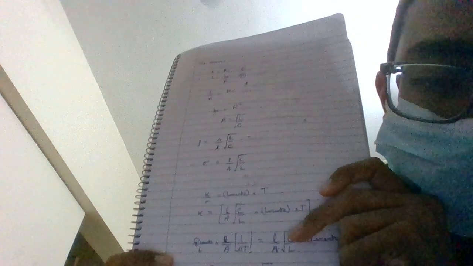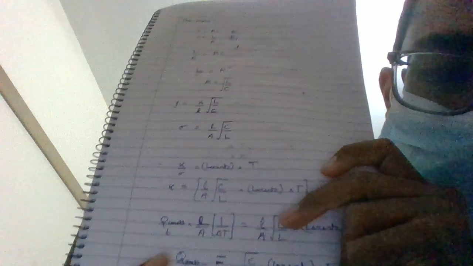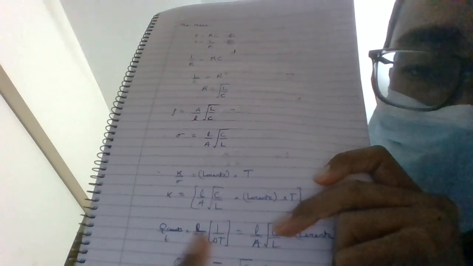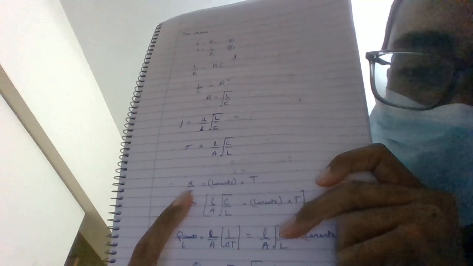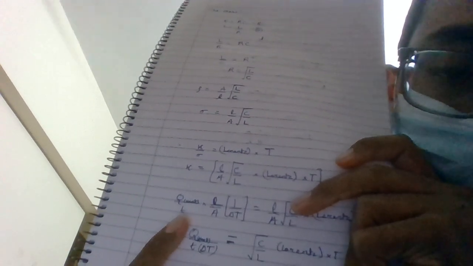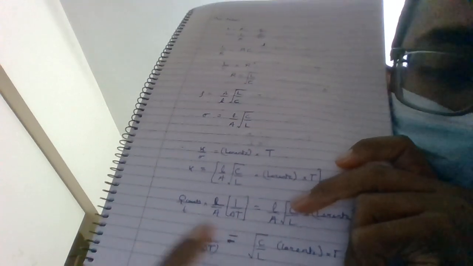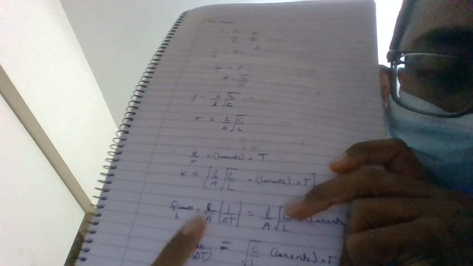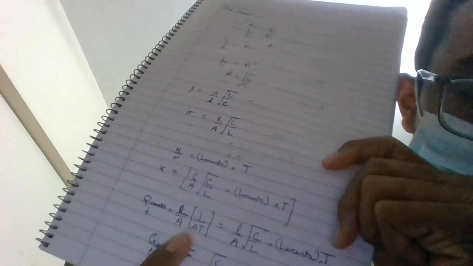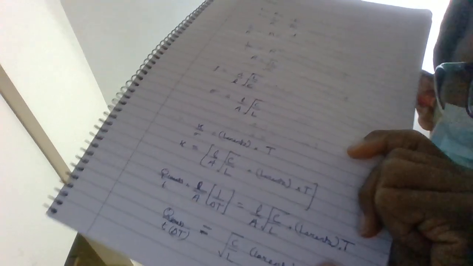Now, this isn't really where it ends. If you take the actual formula of thermal conductivity, you'll get Q by T, that Q being heat, not charge, equal to l upon A times 1 by delta T. Now, this is the temperature difference. This is absolute temperature, not the same thing.